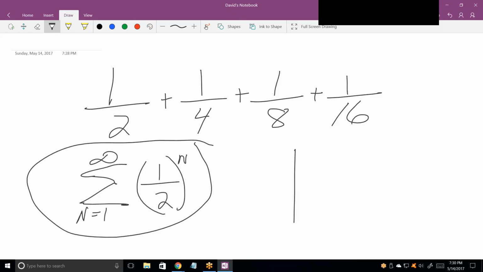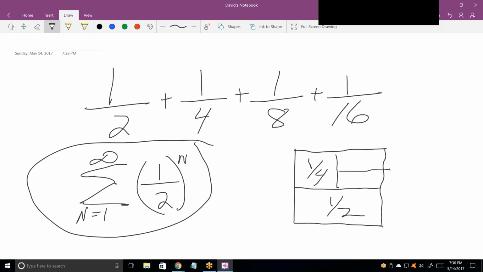The way you can describe why that is true is if I draw a square, we know the area of this square is 1. Well, there's 1/2 the square. There's 1/4. There's 1/8. You can see where I'm going with this. There's 1/16.